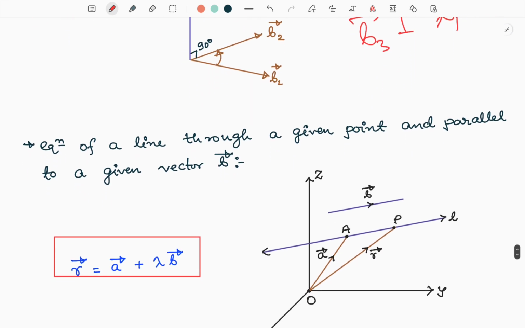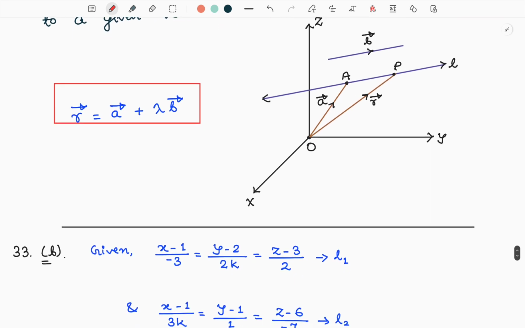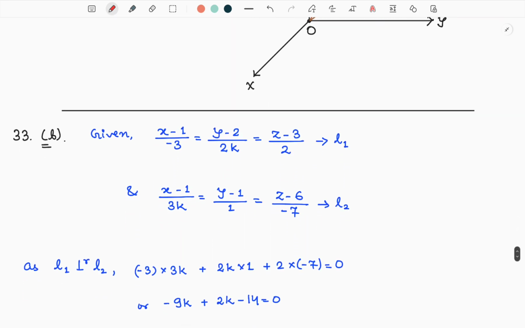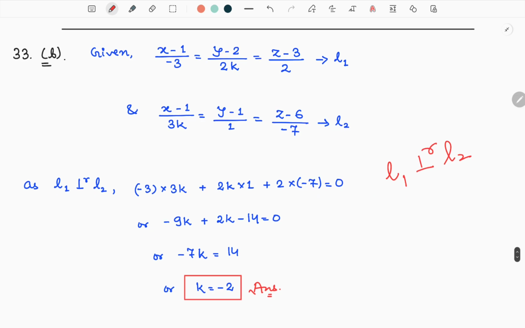In this I have already told you r vector is equal to a vector plus lambda b vector. Now here the equation is again given in terms of k, and they are already written in standard form. So just multiply their corresponding l1, l2, m1, m2 and n1, n2 values. We will get an equation, because we are asked to find the value of k when L1 is perpendicular to L2, and we applied the formula and we get the value of k as minus 2.